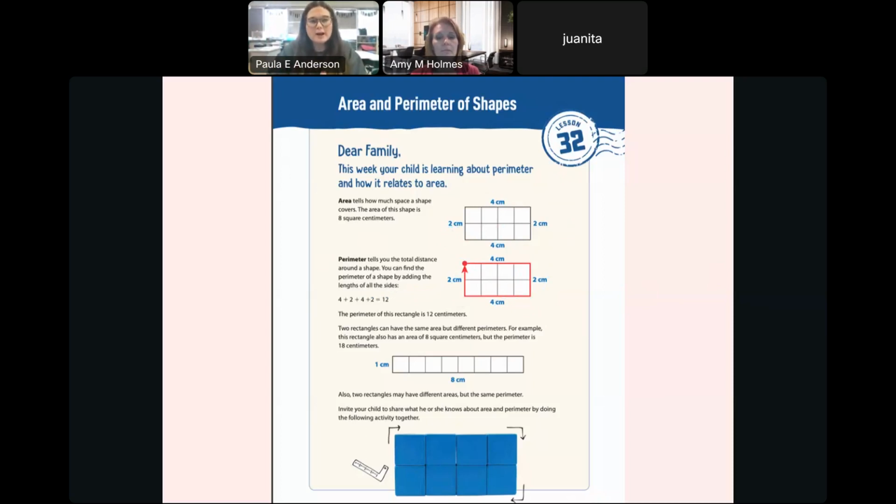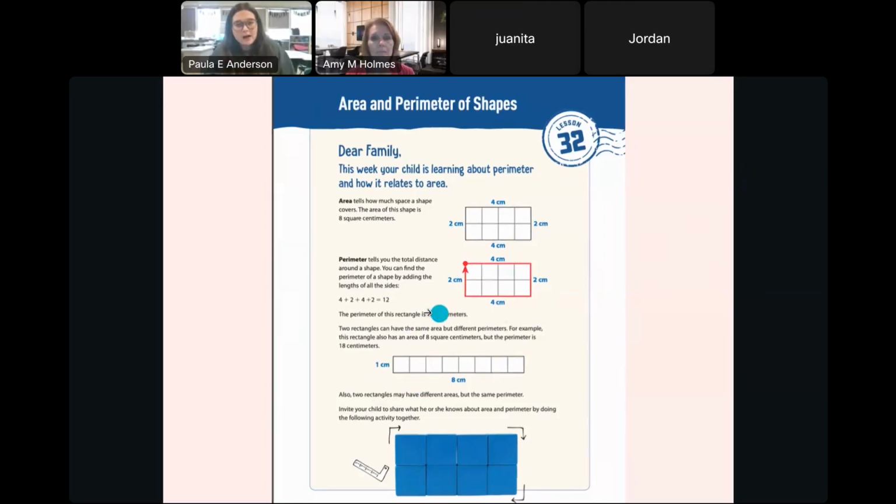So they're really talking about area and perimeter in this. They're also talking about how 2 rectangles can have the same area, but a different perimeter. Right here we have an 8 by 1. The perimeter is 18 centimeters, but the area is 8. So yes, it has the same area, but it could look different because it has a different perimeter. That's what they're focusing on in third grade right now.